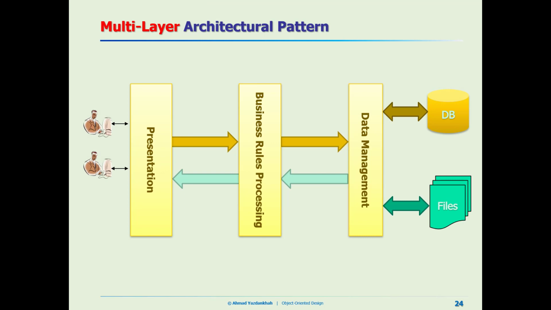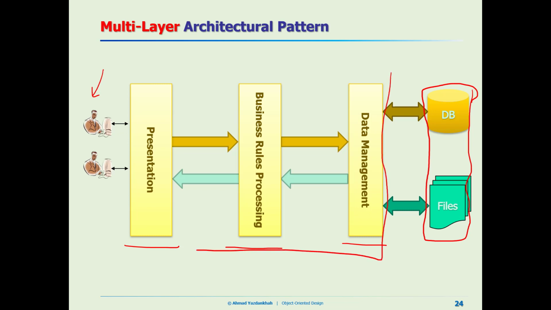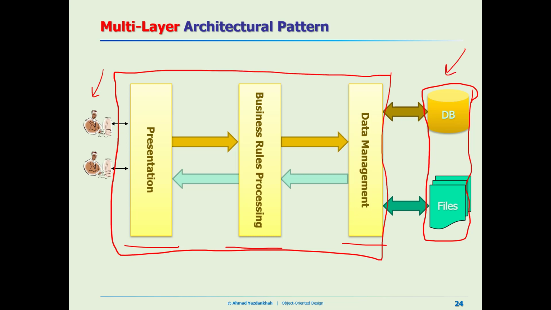You see the presentation layer, the business rule processing layer, and the data management layer. And these guys are the users. And we have data here. As you see, data is separate from the application. Theoretically, data can be on other servers, in totally separate places.